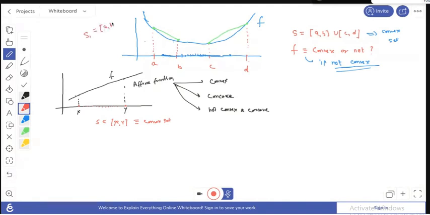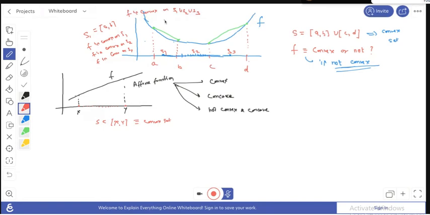Okay, यहाँ पे सिर्फ AB की बात पूछें अगर, if we define S1 is closed interval AB, so this means this function f is convex on S1. Okay, if we take the CD, suppose this is S1 interval, this is S2 interval, and this is S3 interval. Okay, so here f is also convex on S2, f is also convex on S3, and f is convex on S1 union S2 union S3.